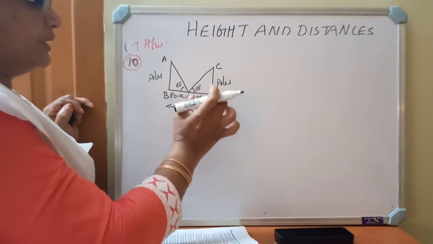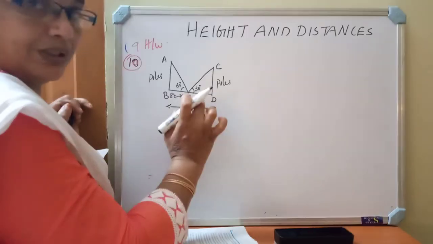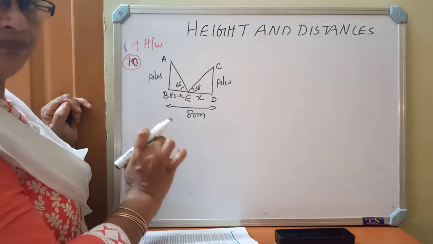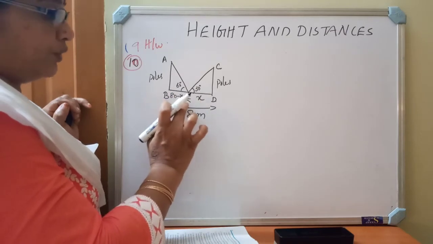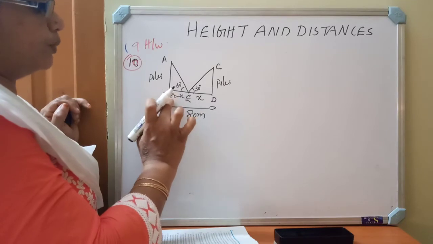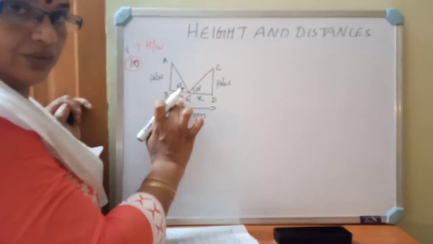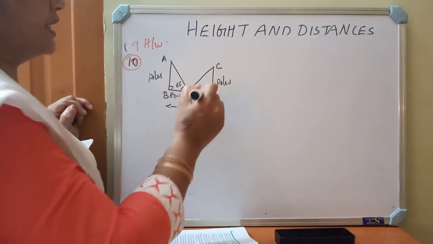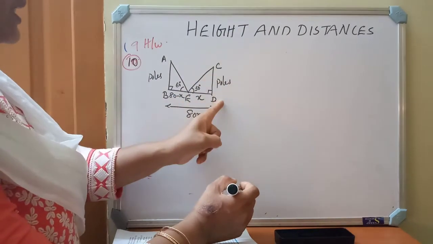Suppose the distance from the point of observation to the second pole is x. Then what about the first pole? Total is 80, this is x, so the distance from the point of observation to the first pole is 80 minus x. So we will have two right triangles, ABE and CDE.